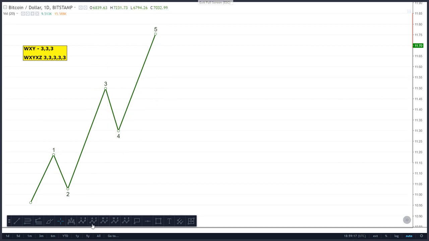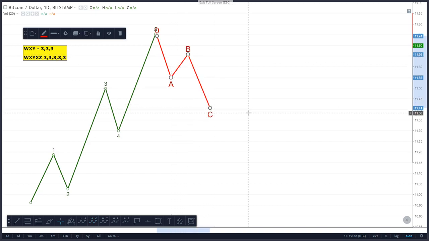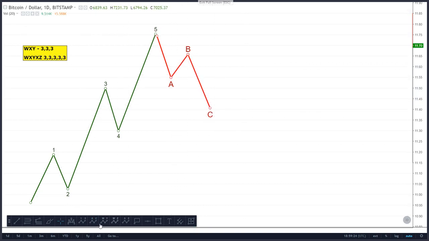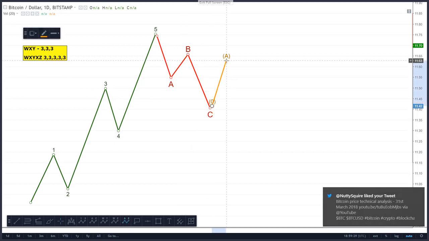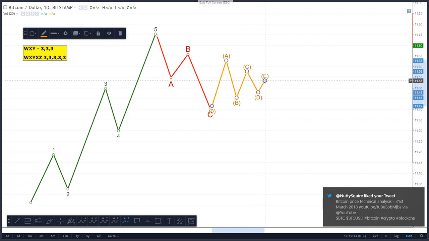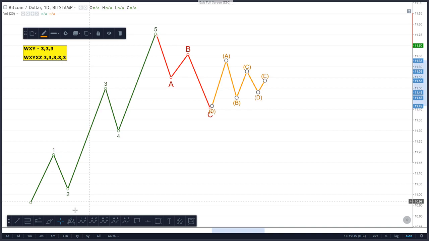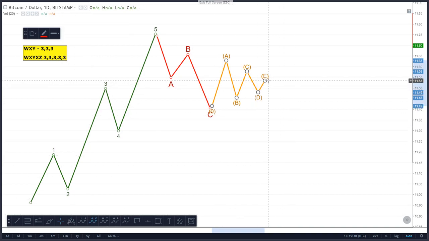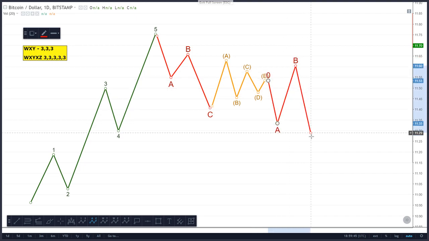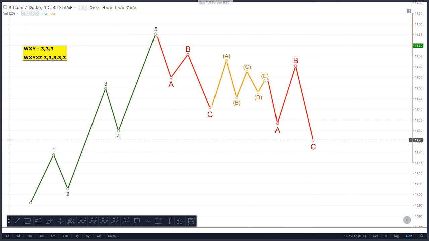Okay, so let me just give you an example of what you could see. You could see an initial A, B, C down, and then for example we could have an X wave which may be a triangle. So let's say for example we have an A, B, C, D, E, and then let's say our final leg could be an expanded flat, so we could have an A, B, C. So we could see something like this, and we would label it WXY.